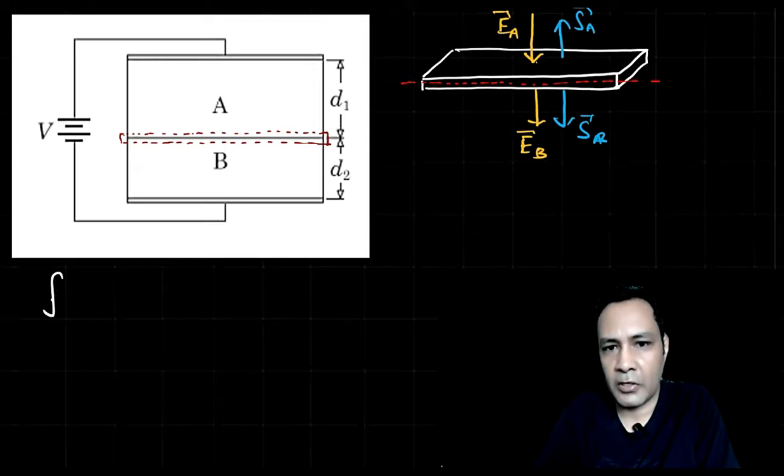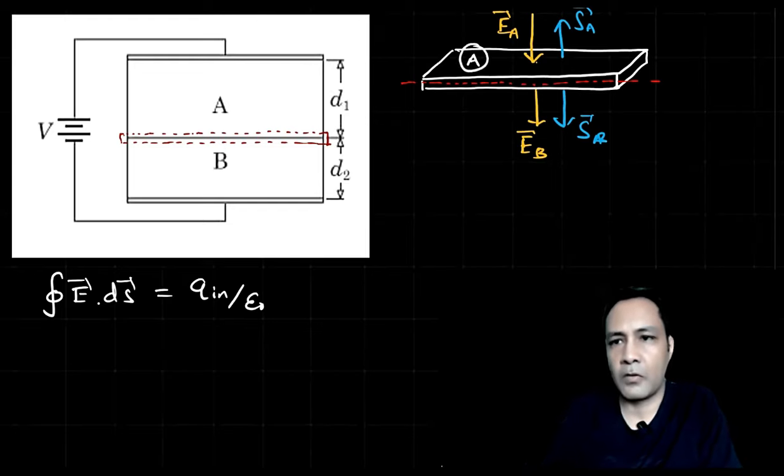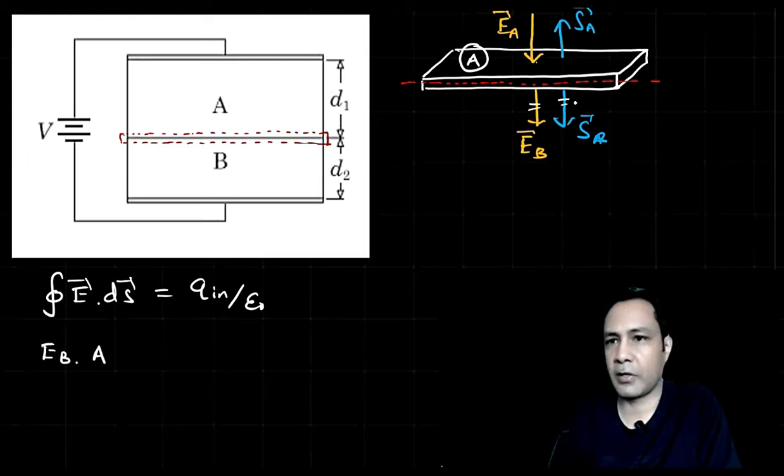So we will write the integral of E dot ds is equal to Q enclosed by epsilon naught. Suppose this area is A, so that will be EB into A. The electric field and area vector are in the same direction, so the dot product is positive.